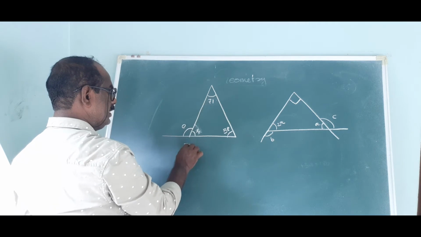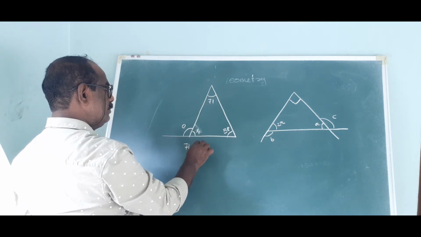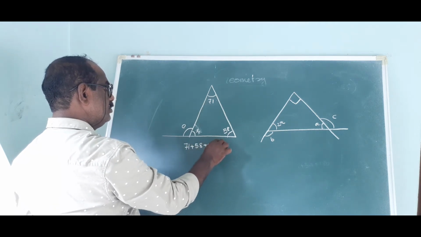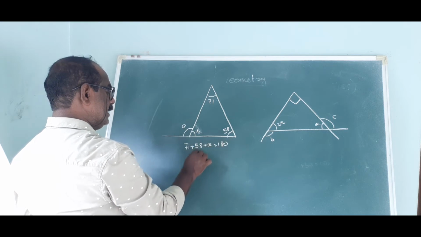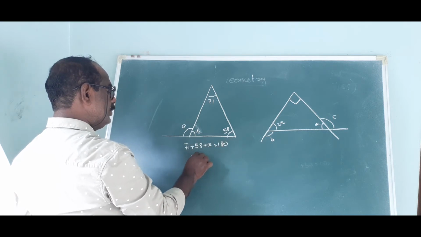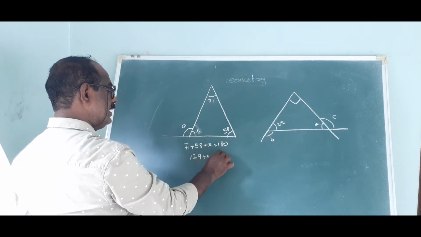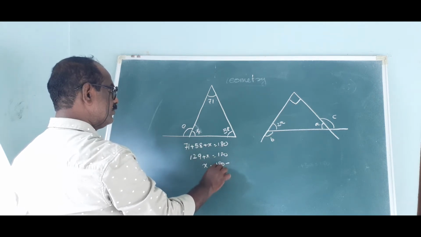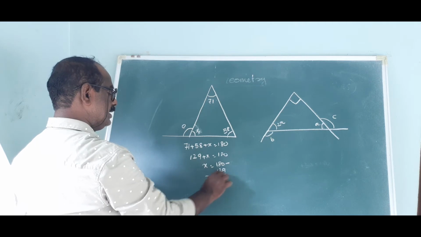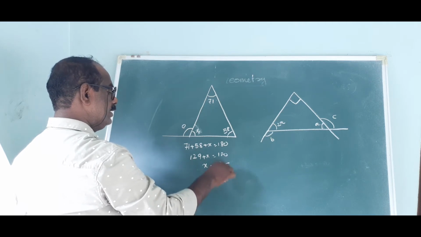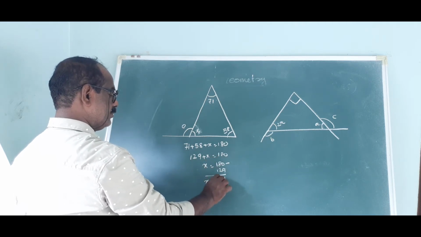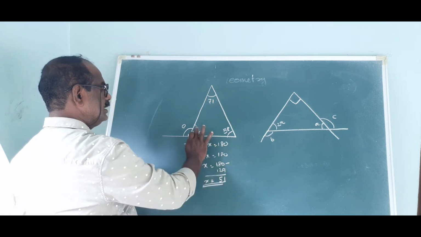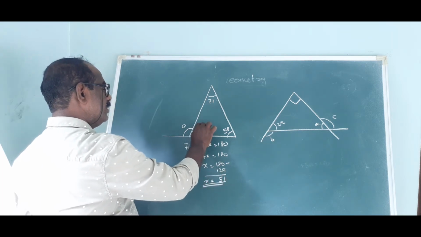That is 71 plus 58 plus x is equal to 180. 129 plus x is equal to 180. x is equal to 180 minus 129. What is x? x is equal to 51. This angle becomes 51.